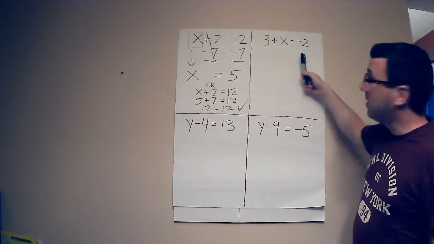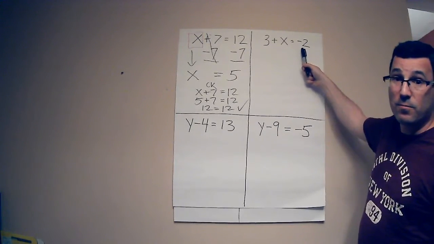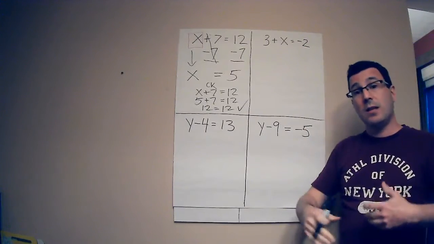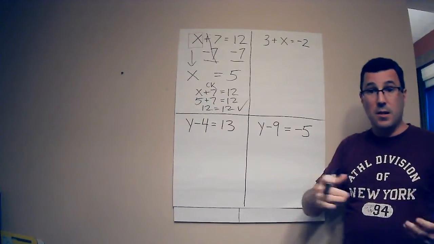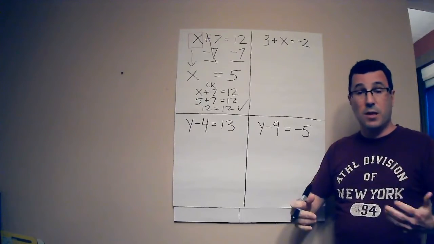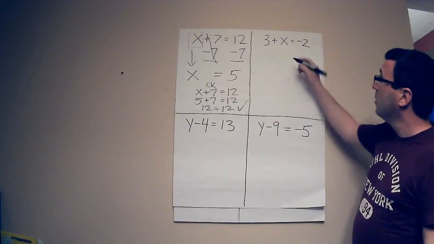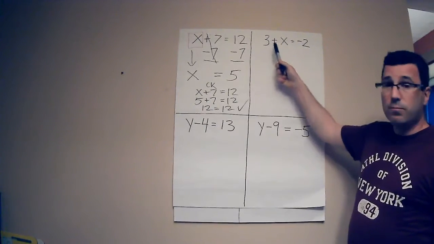The second thing is, now I have a negative here. Okay? So we have to remember, how do we deal with negative and positive numbers when we're dealing with integers? How do we add them? How do we subtract them? So again, I'm going to look at this, and there's addition.